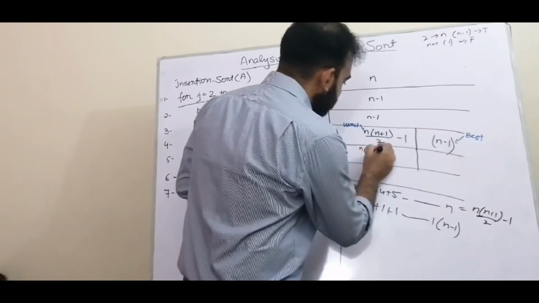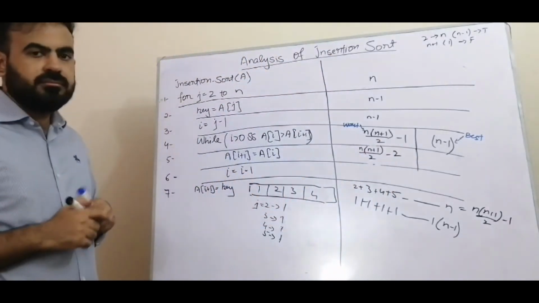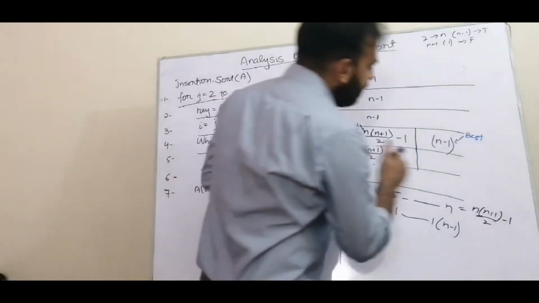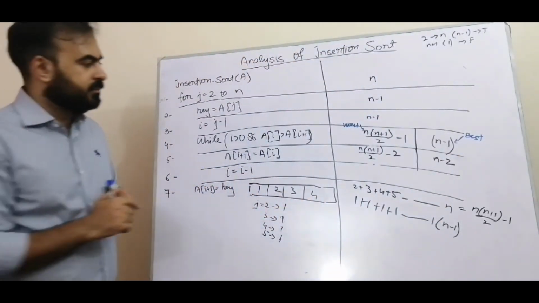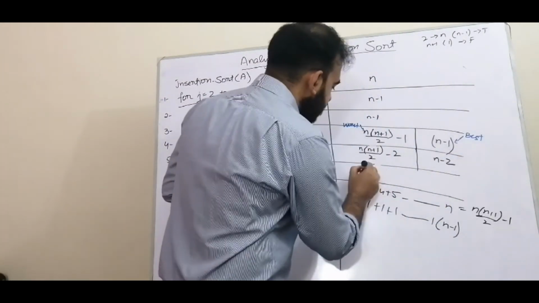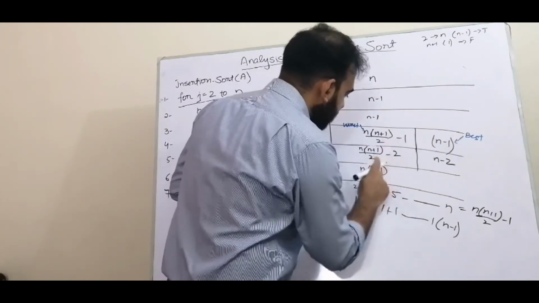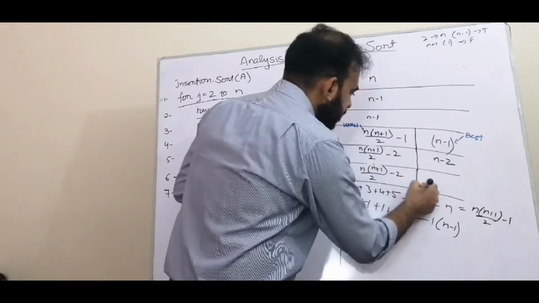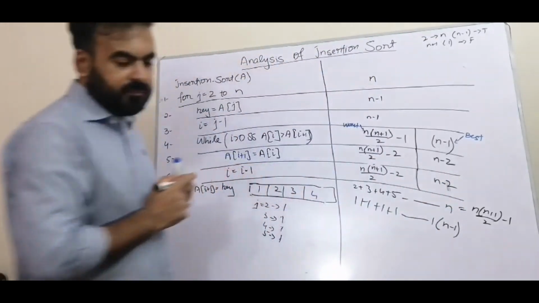So it will be n into n plus 1 divided by 2 minus 2. And for the best case it will become n minus 2. Same, this will also be executed n into n plus 1 divided by 2 minus 2 times, and this will be executed n minus 2 times.